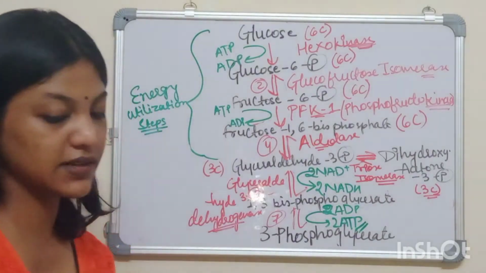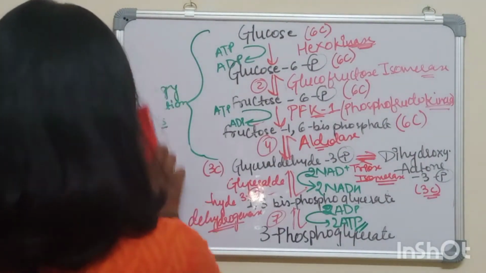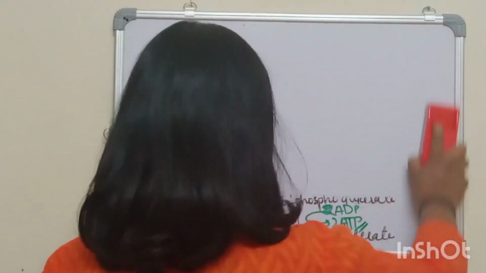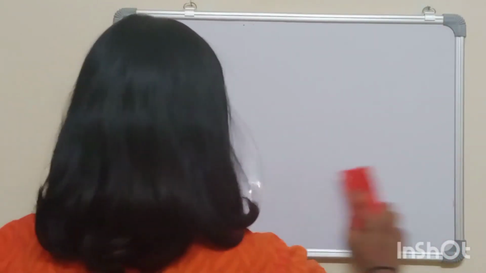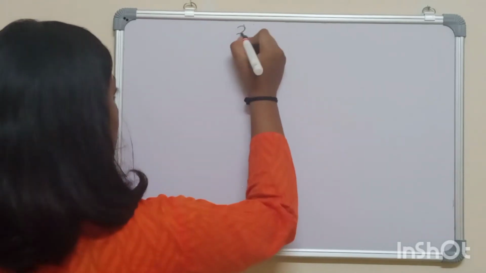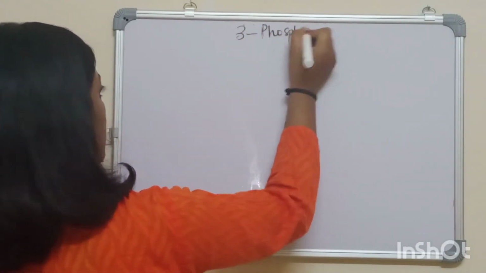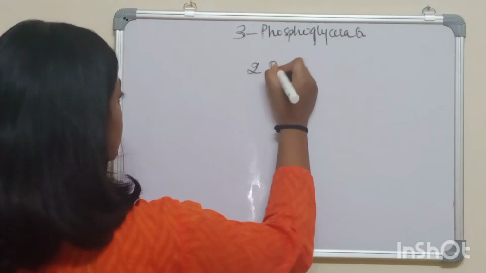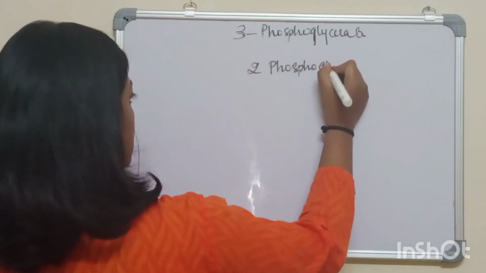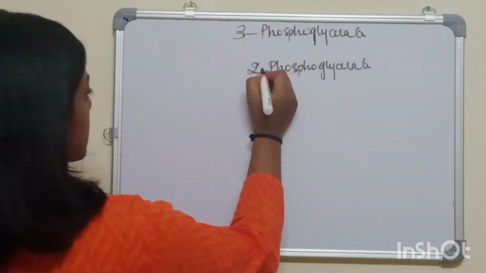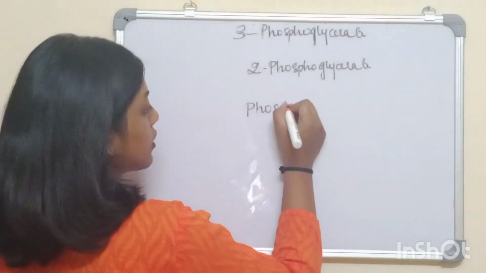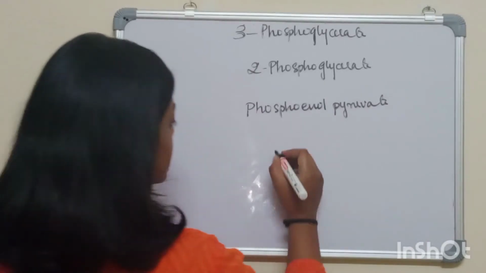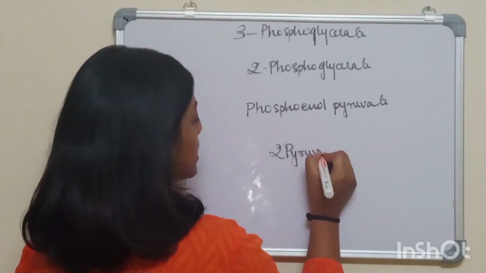Now the 3-phosphoglycerate gets converted into 2-phosphoglycerate. 2-phosphoglycerate converts into phosphoenol pyruvate, and phosphoenol pyruvate gets finally converted into 2 molecules of pyruvate.